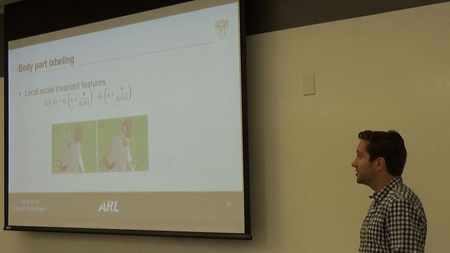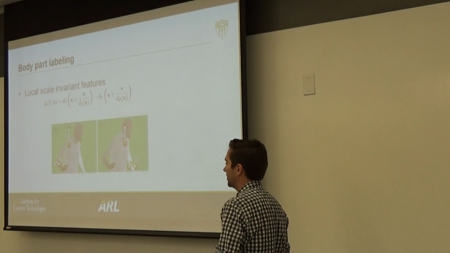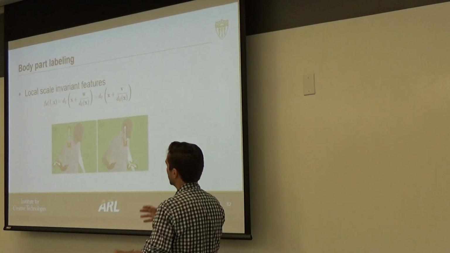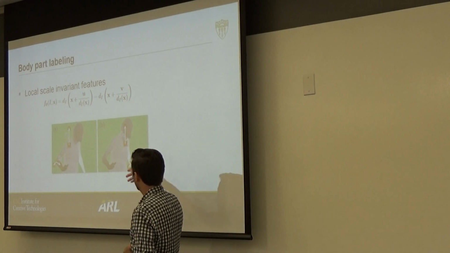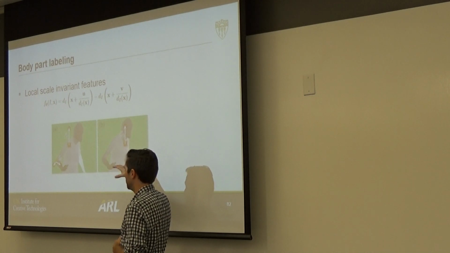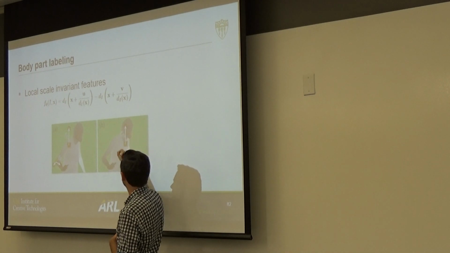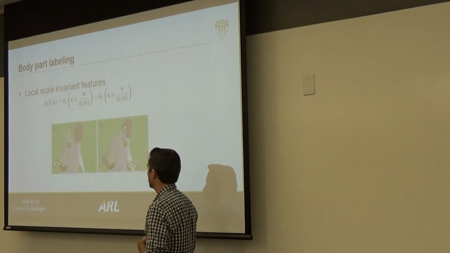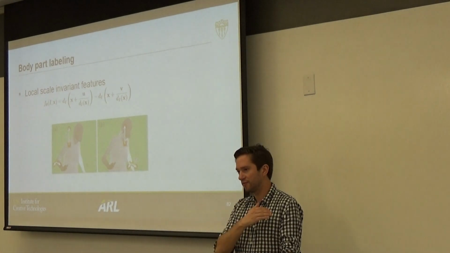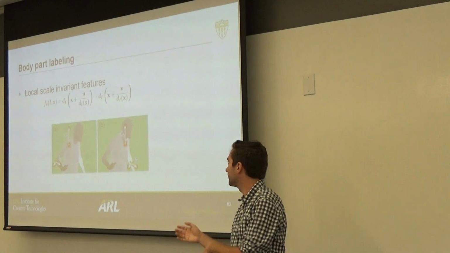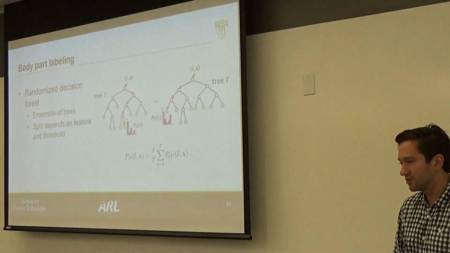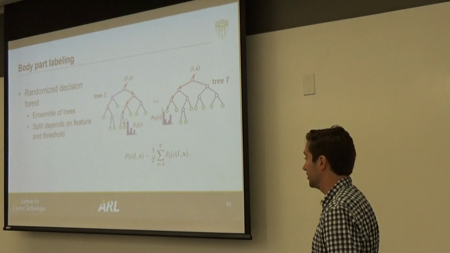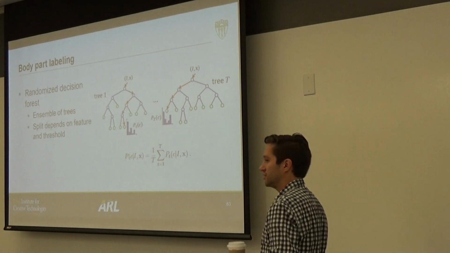Then only very, very simple features are used for deciding whether something is one body part or another. These are features that look at two pixels, for example this one and this one, or these two. They try to see if they are at the same depth or at a different depth. And then randomized decision forests are used on these features.